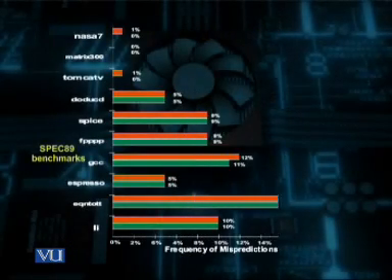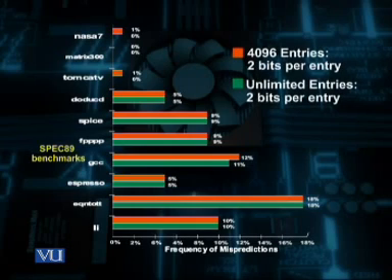Here in this figure, as you can see, as we try to exploit more instruction level parallelism, the accuracy of branch prediction becomes critical. Here the accuracy of the predictor is shown by increasing the size of the buffer.